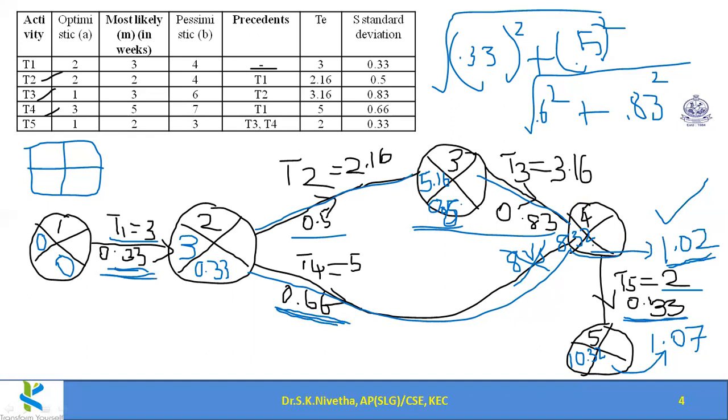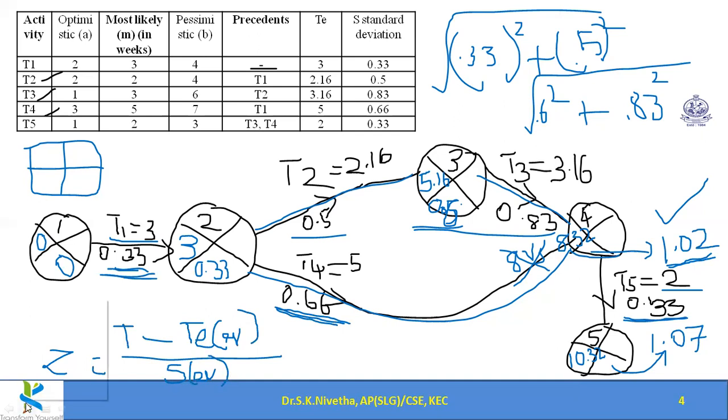Now in this empty portion we can fill our expected time to complete and we shall check the Z value. So how do we check the Z value? Z equal to capital T minus the expected duration of the event, divided by the standard deviation of the event.